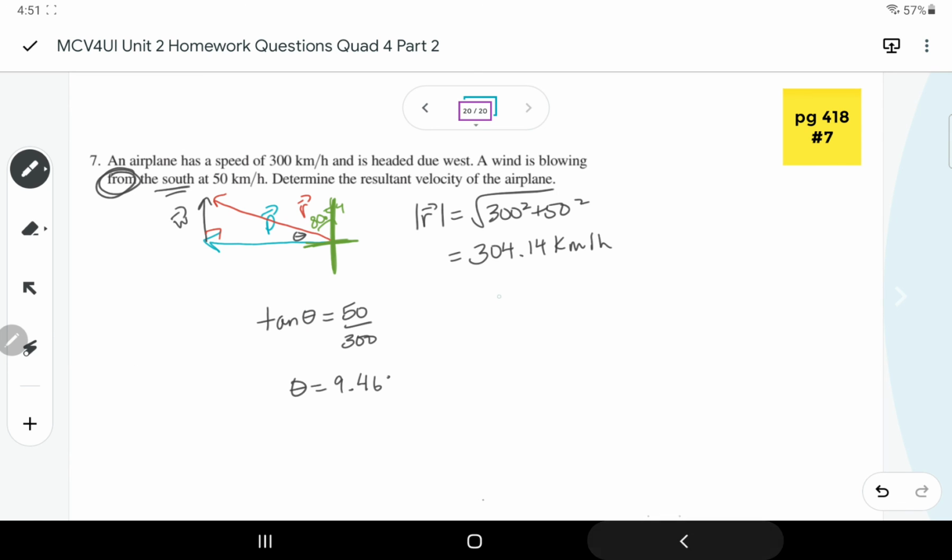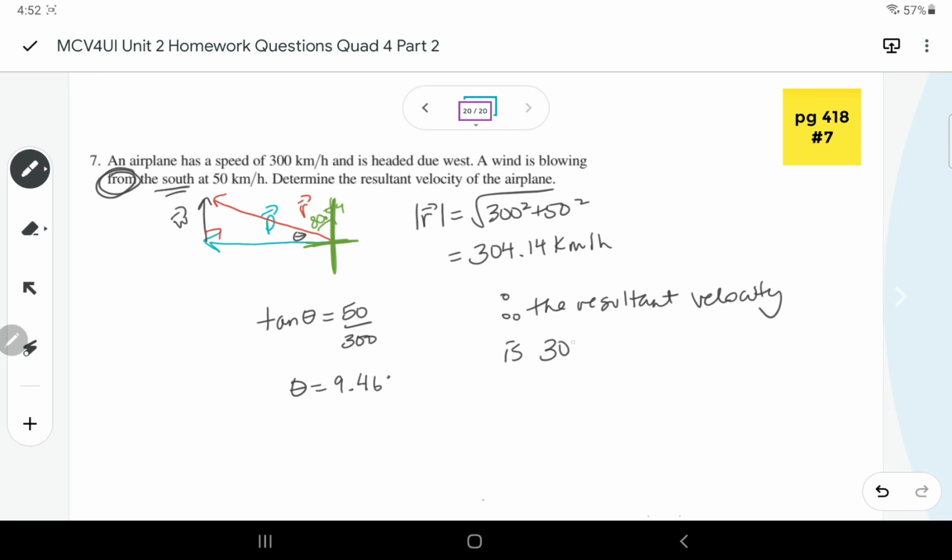So I would just say, therefore, the resultant velocity is 304.14 kilometers per hour. And then the direction would be north 80.54 degrees west.